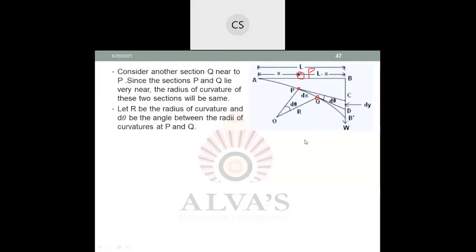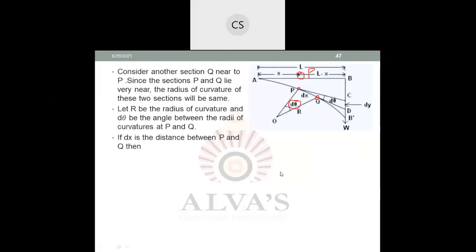R is the radius of curvature, and d theta is the angle between the radii of curvature of P and Q. Correct? This is P, this is Q, so this is the angle between them.